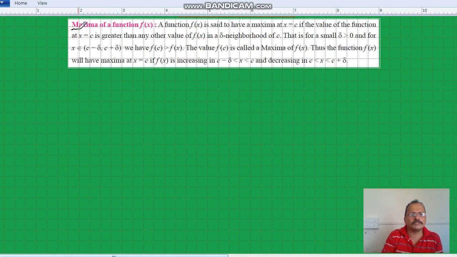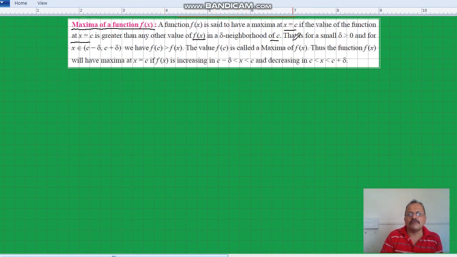Maxima of a function f(x): a function is said to have maxima at x equal to c if the value of the function at x equal to c is greater than any other value of f(x) in a delta neighborhood of c. Delta neighborhood is a set, and in that set f(c) is greatest.